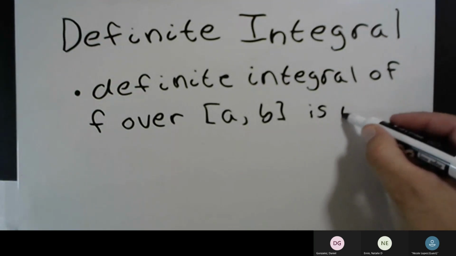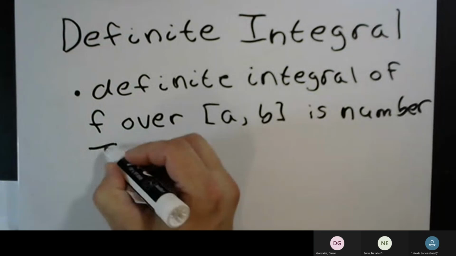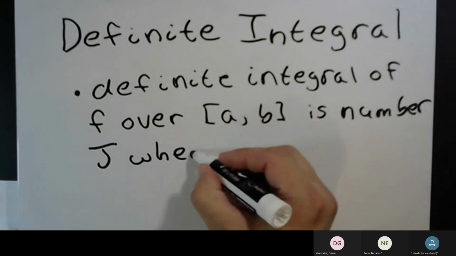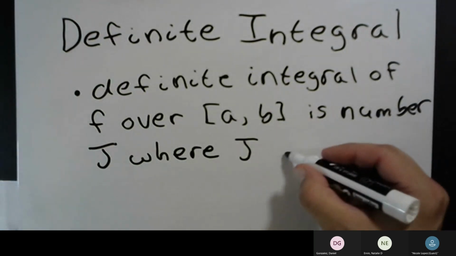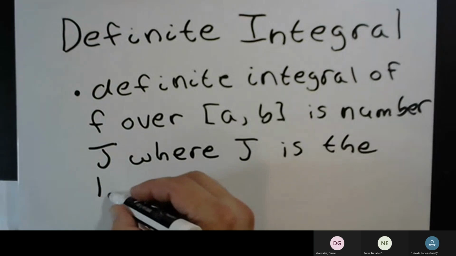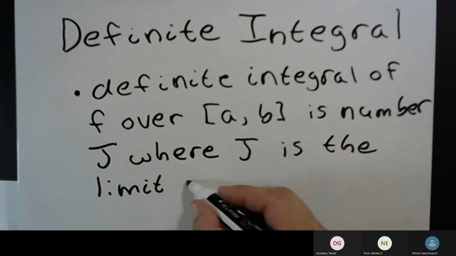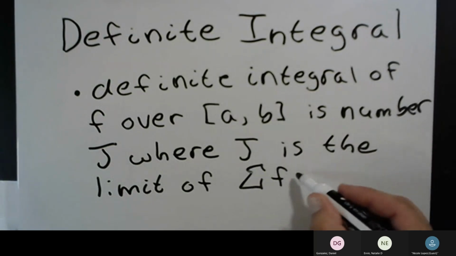It's a number J, where J is the limit of the sum.